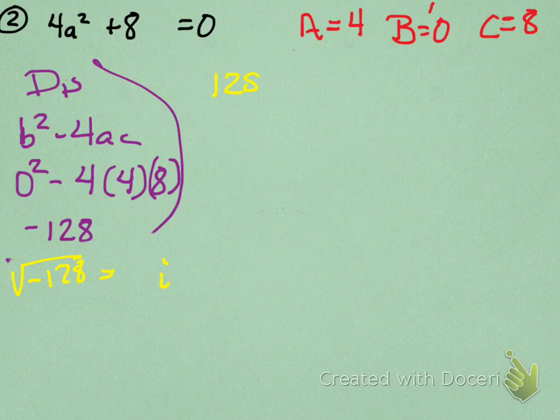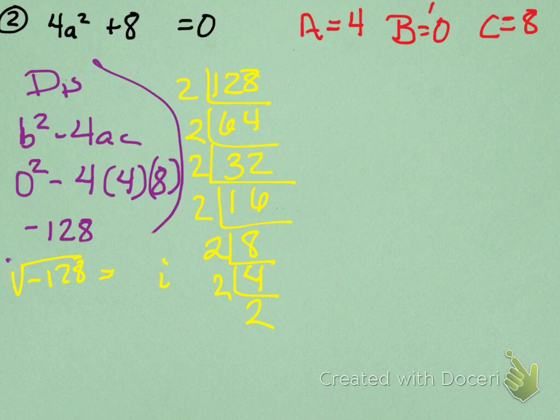So 128 is divisible by what? Giving us 64, which is divisible by? Gives us 32, which is divisible by 2, giving us 16, 2, 8, 2, 4, 2, and 2. So I'm looking for my sets.